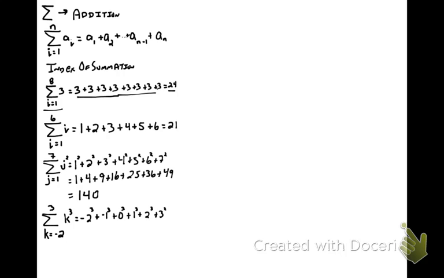And again, we don't need a calculator for this. -8 minus 1 plus 0 plus 1 plus 8 plus 27. And the sum of this is simply 27. There's a few examples of some basic summation problems.